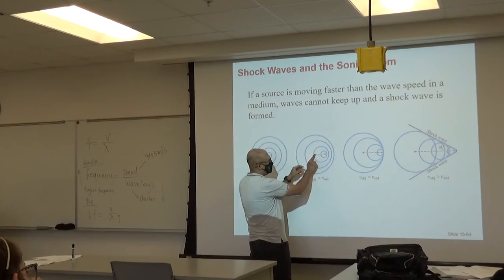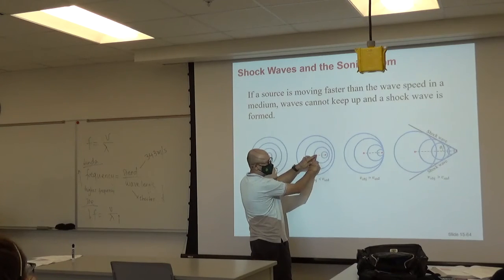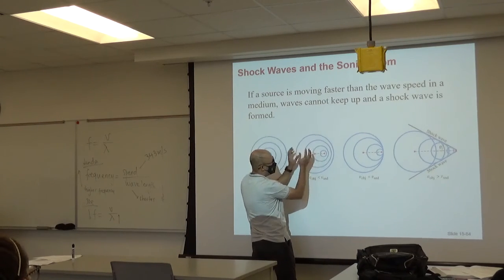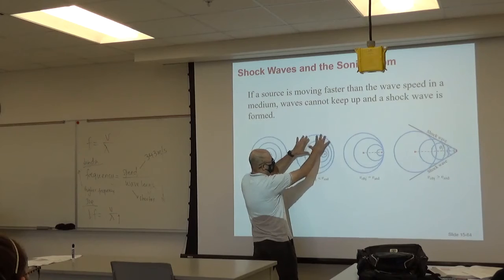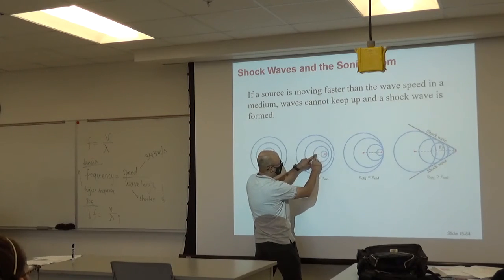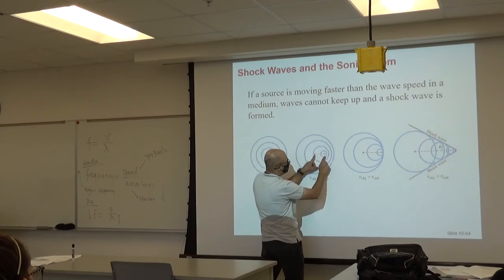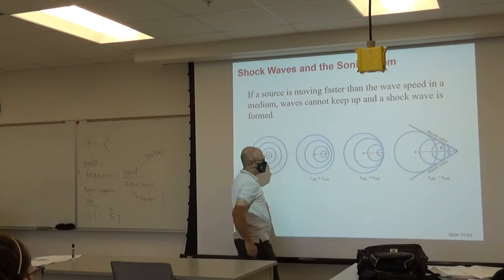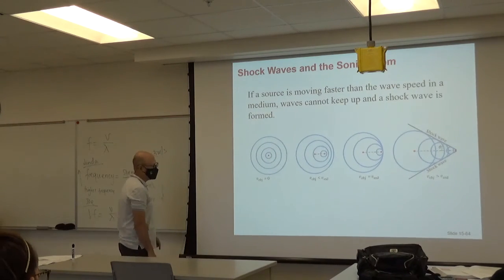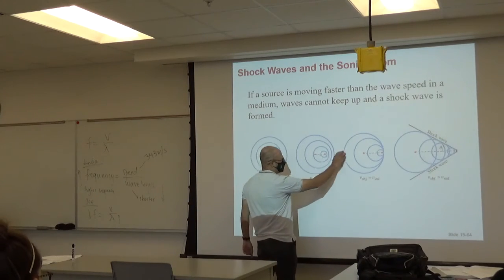It produces a wavefront, this big one. Initially it produces the smaller one, it spreads out. And in the next instance, while it's moving to the right, it produces another one, and another one. So it produces the wavefront as it moves to the right.